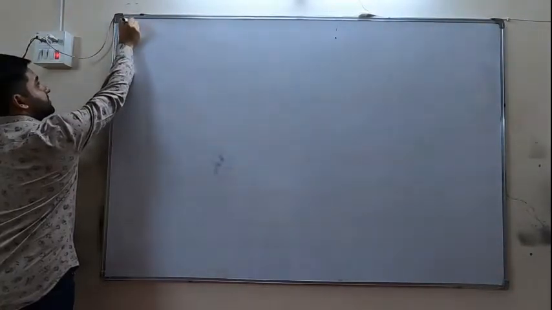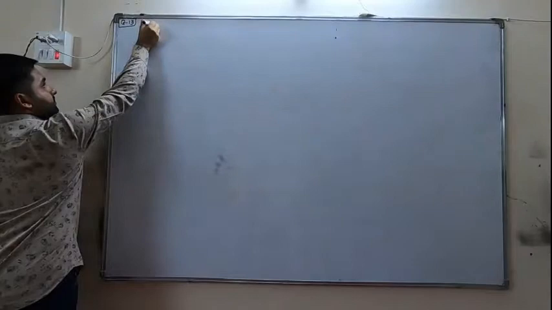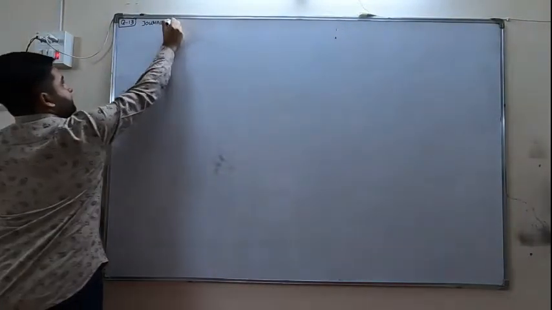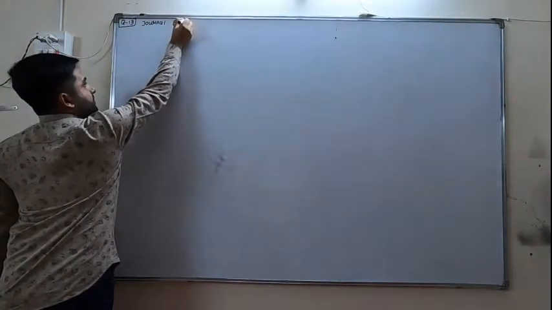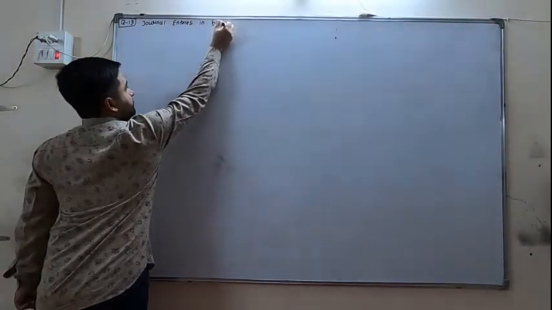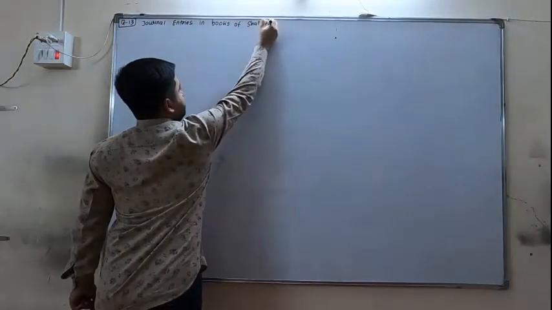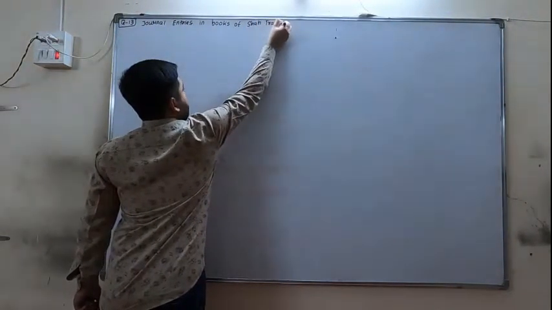So this is question number 13. Journal entries in books of Shah Traders.